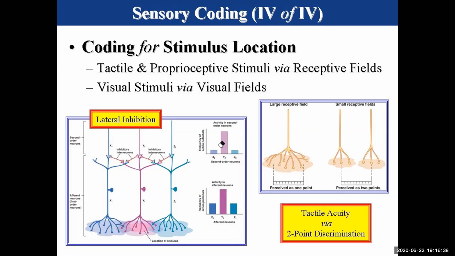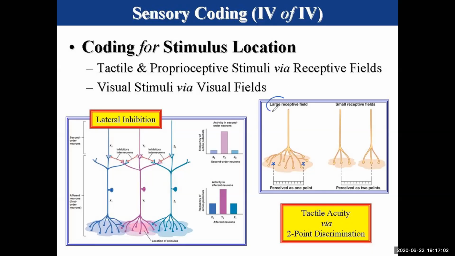And a very similarly related concept is called tactile acuity, two-point discrimination. So let's say you have two stimuli, one right here and one right here.